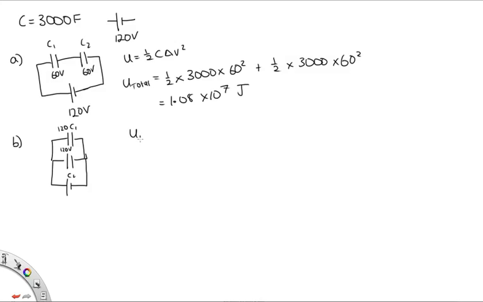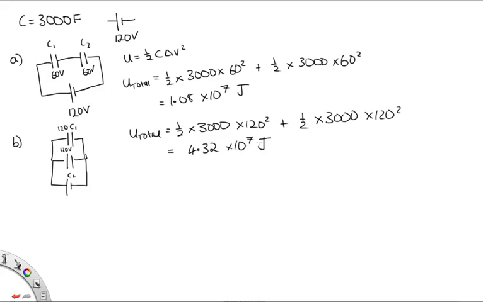So we've got that our total energy stored in this case is equal to a half times 3000, that's the capacitance of this capacitor, times 120 squared, that's the voltage difference across this capacitor. Now we have to add in the energy stored in this capacitor, which is the same thing, a half times 3000 times 120 squared. Solving that, we end up with 4.32 times 10 to the 7 joules, so 4 times as big as this one.